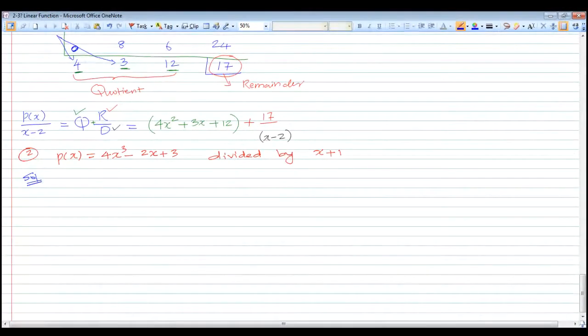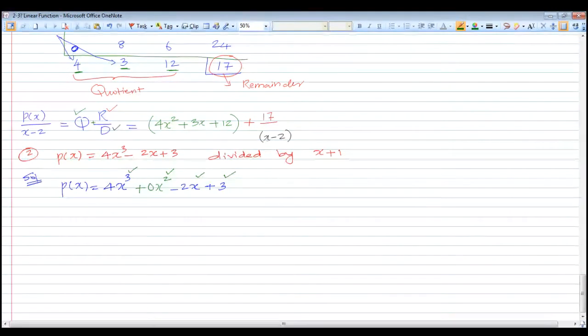Since there is a missing term, x square is not there, I can write the missing term first. So this is 4x cube minus 2x plus 3, but for the missing term x square I can write 0x square. I need the order: x cube, x square, x, and then the constant. Since x square is missing, I write 0 here.